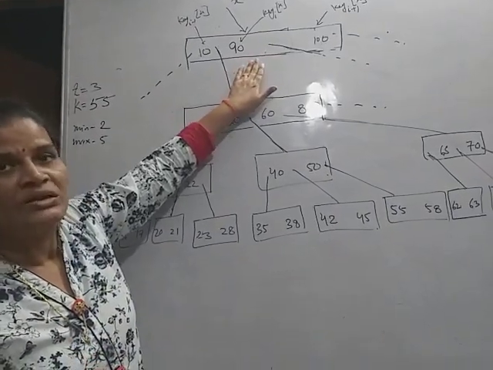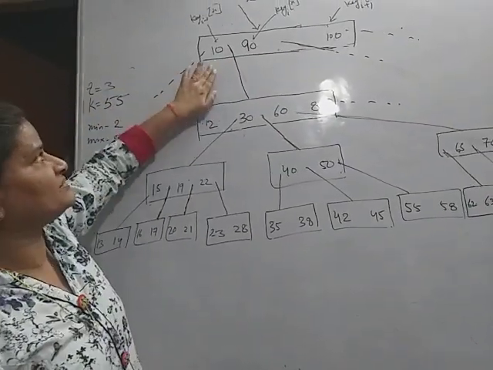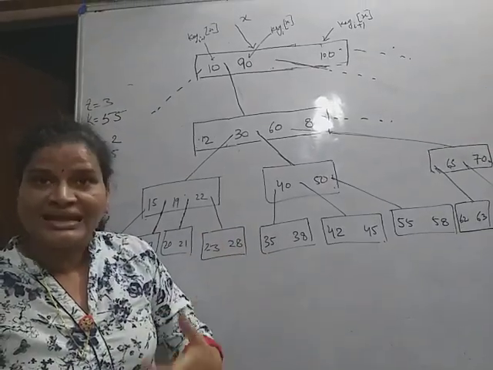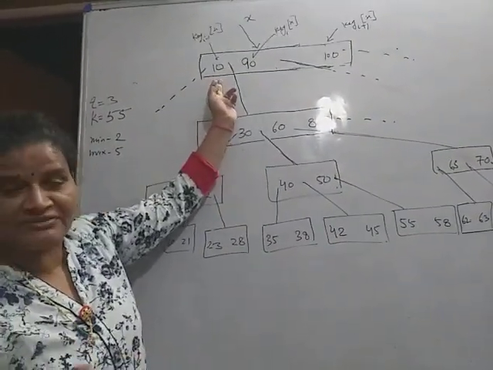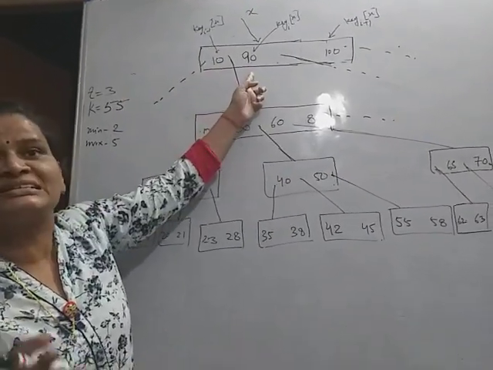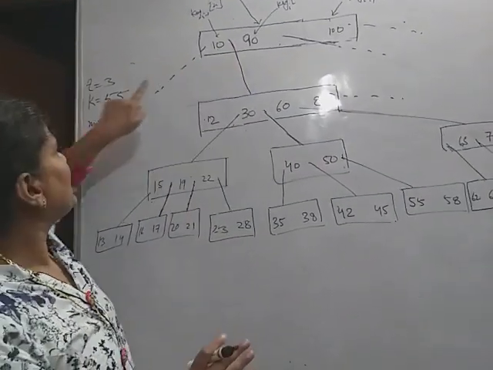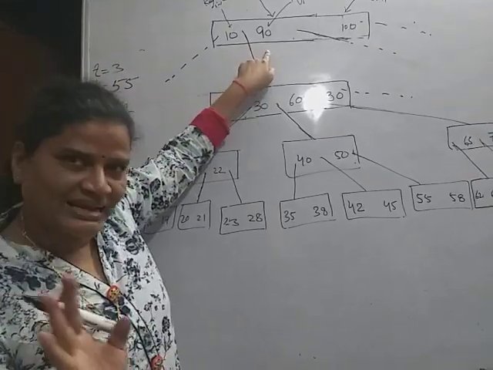Now we check whether 55 is present, because the key to be deleted may be present on an internal node other than a leaf. So if x is not a leaf, it is an internal node, then we check whether the key k is present in this node or not. Here x is an internal node and the key k to be deleted is not present in x.